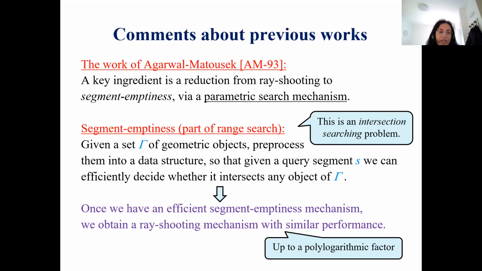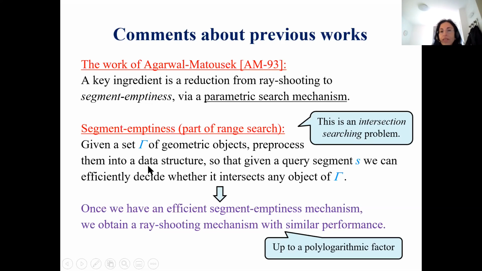Segment emptiness, I discussed that problem before, but let me give you the full detail of how it is defined. This problem is part of the whole family of range searching, and part of a subfamily called intersection searching problems. It is defined as follows.